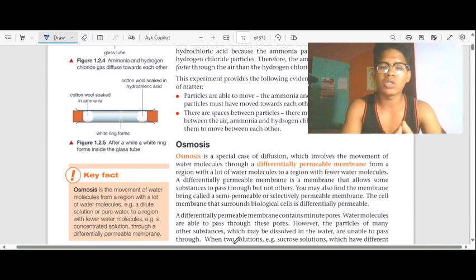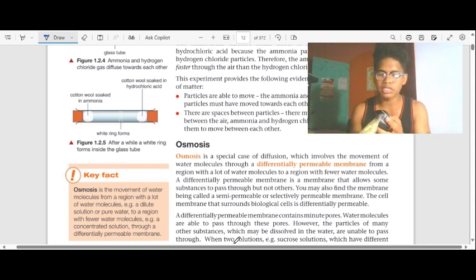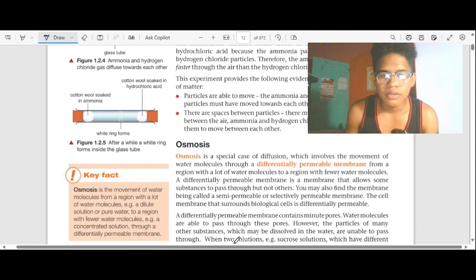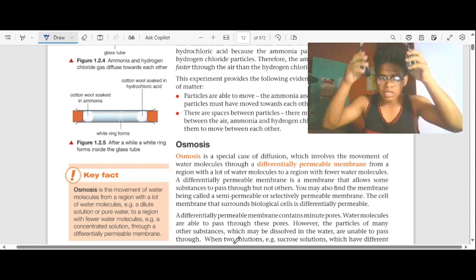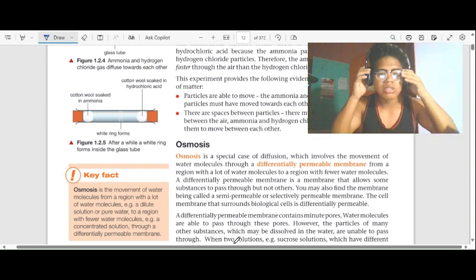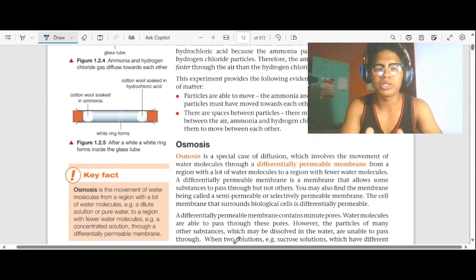Osmosis is a special case of diffusion, which involves the movement of water molecules through a differentially permeable membrane from a region of a lot of water molecules to a region of fewer water molecules.